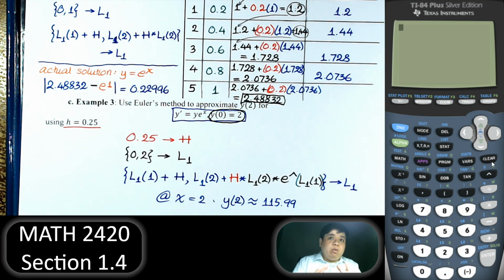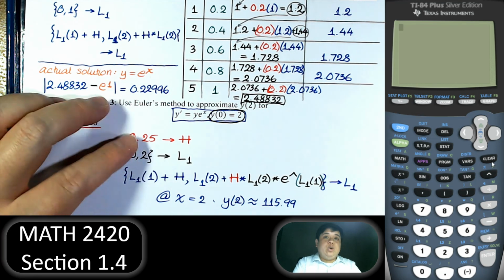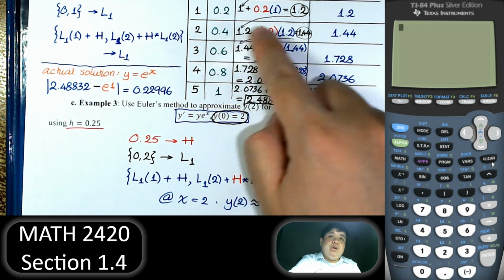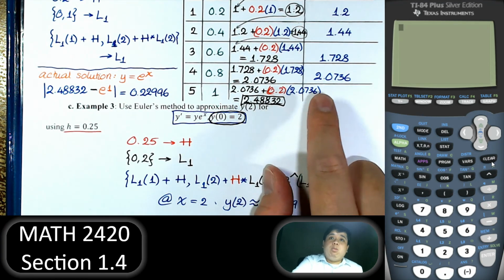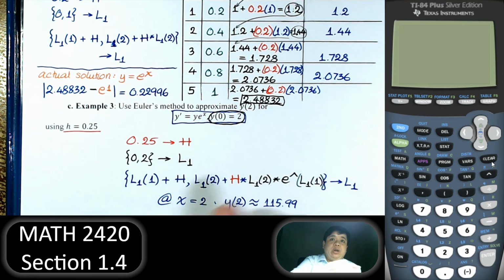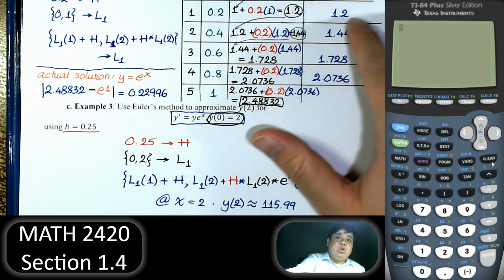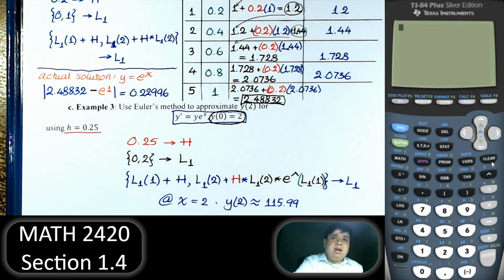The Euler method for initial value problems is actually not that bad. But I highly recommend that you do this using the calculator, because that saves us a lot of time. If we do it on a table like this, the problem could be very tedious, especially when you carry a bunch of decimal places and you don't want to cut off some of them.